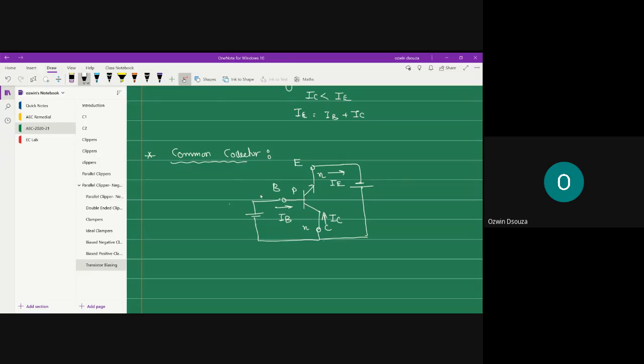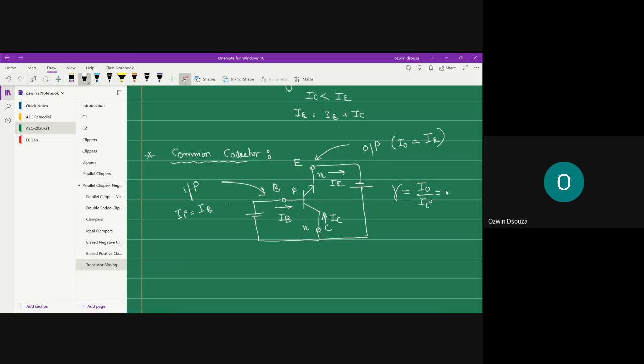So in case of common collector, the input terminal is base and the output terminal is the emitter. Hence, the current gain, denoted by gamma, is I naught by II. So what is I naught? I naught is IE. And the input current II is IB.